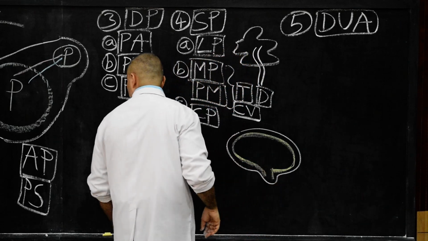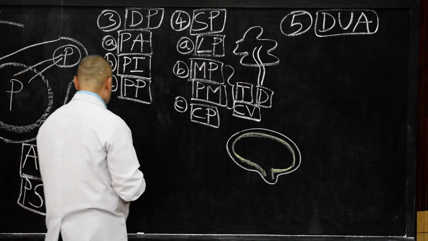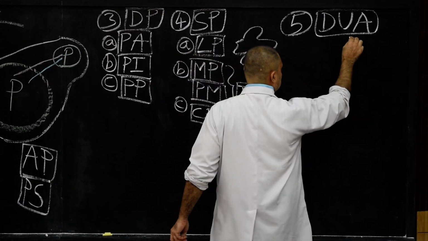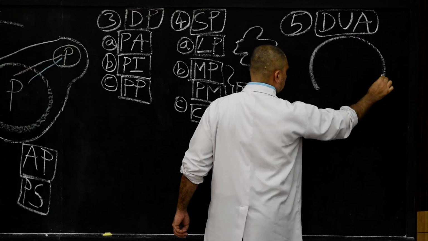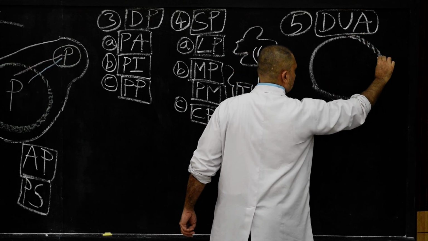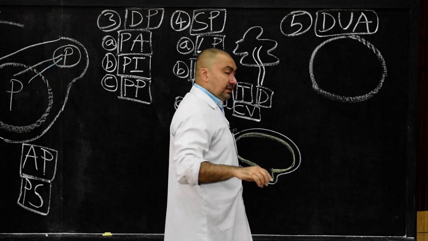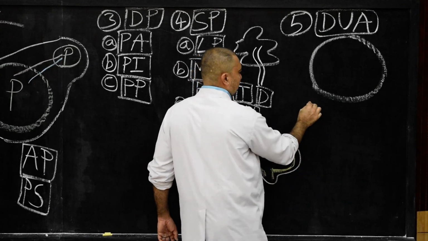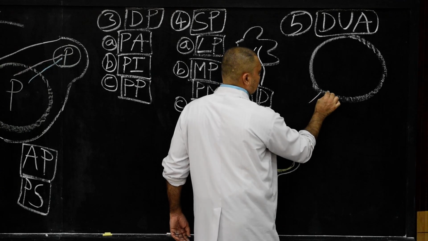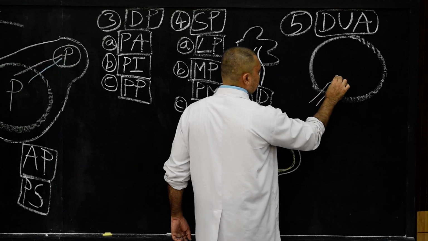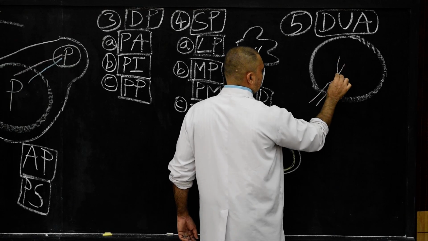Here, supposing this is the placenta, and the umbilical artery, as it approaches, will keep on reducing in size in this way.